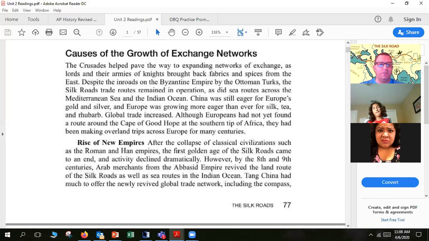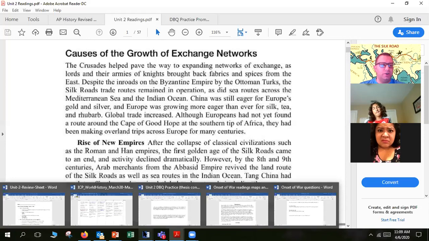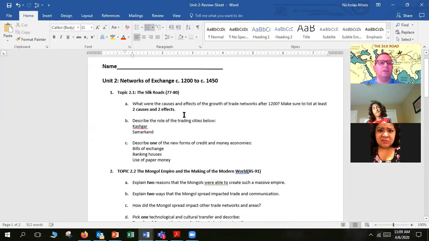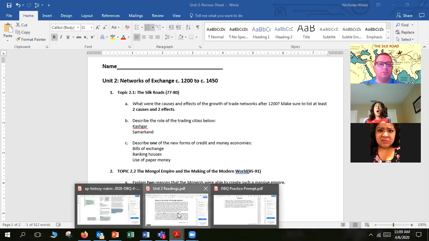So you'll look this over first. Then you're going to answer all of the questions on the Unit 2 review sheet. Now, what you'll notice is that the questions are all organized by topic, okay? And these page numbers correspond to the page numbers in the reading.